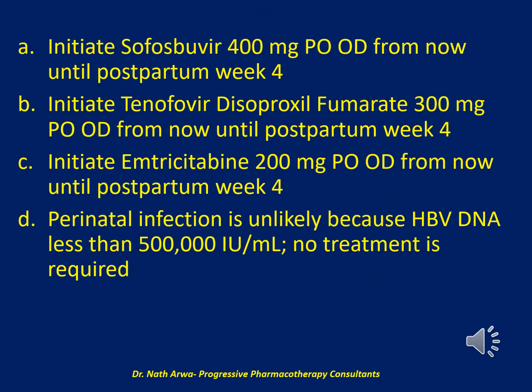Would it be A. Initiate sofosbuvir 400 mg orally once daily from now until postpartum week 4, or B. Initiate tenofovir disoproxil fumarate 300 mg orally once daily from now until postpartum week 4, or C. Initiate emtricitabine 200 mg orally once daily from now until postpartum week 4, or would it be D. Perinatal infection is unlikely because HBV DNA is less than 500,000 international units per ml, and no treatment is required?